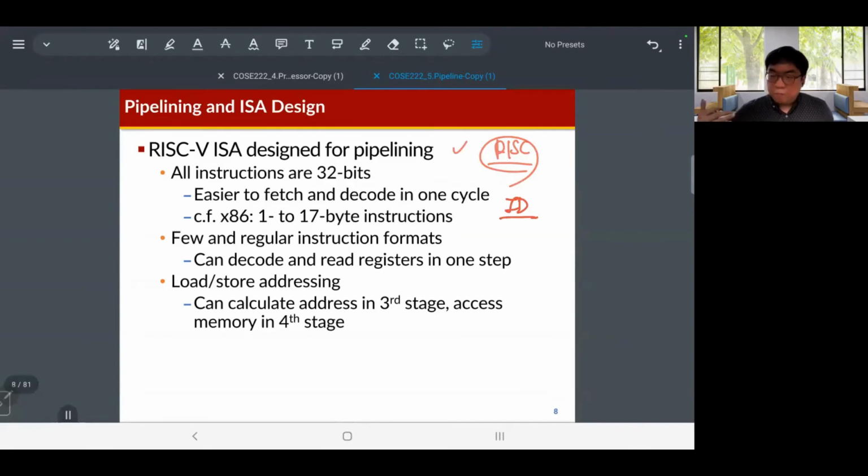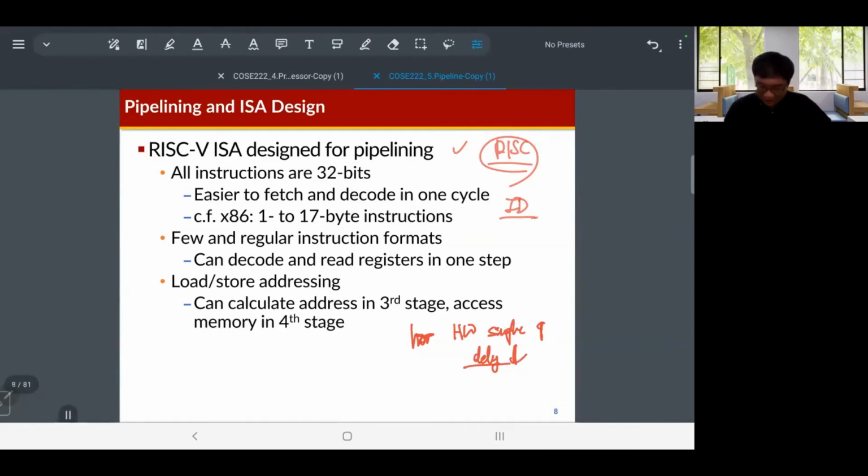We can apply very simple hardware for this instruction decoding. If the hardware is simple, then the delay can be decreased.